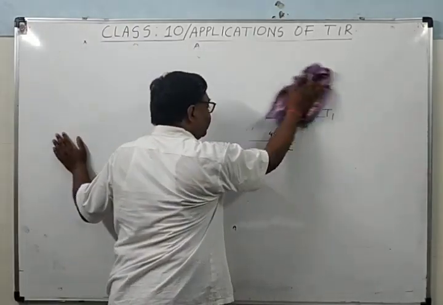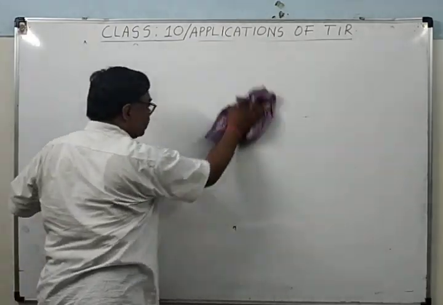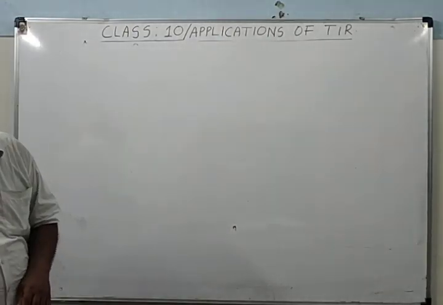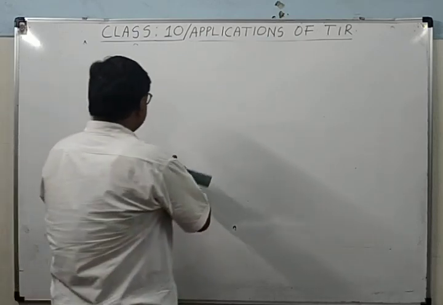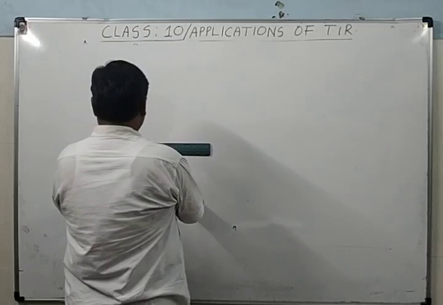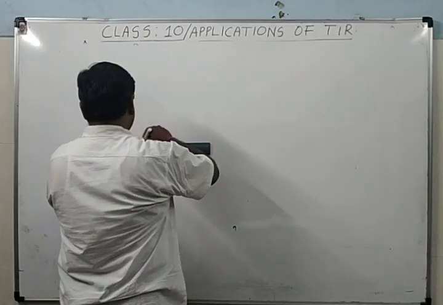Now after this, total internal reflection through equilateral prism. In equilateral prism, all the faces are identical. Therefore, there is only one case. You can see here. Equilateral triangle you can make very easily.